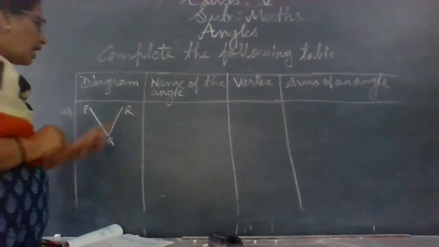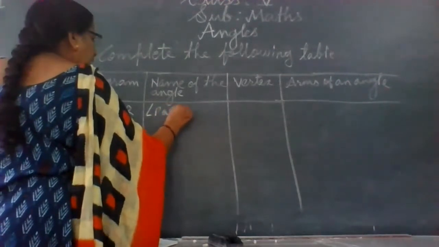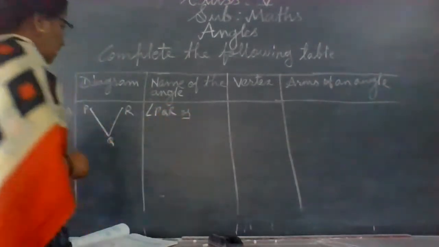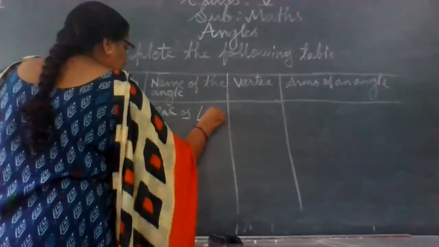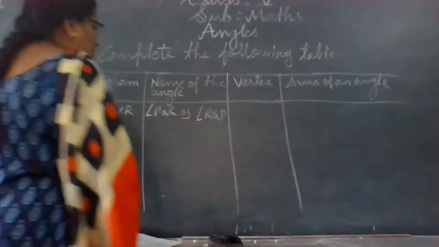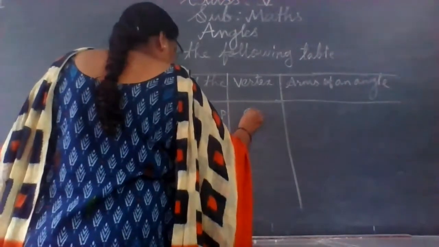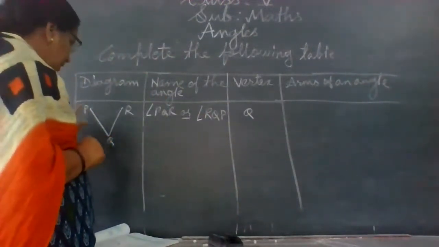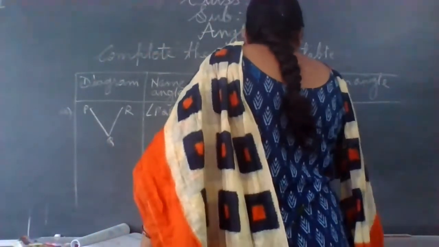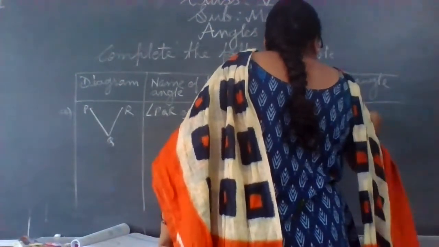Angle PQR, or angle RQP. What is the vertex here? Q. Arms are QP and QR.